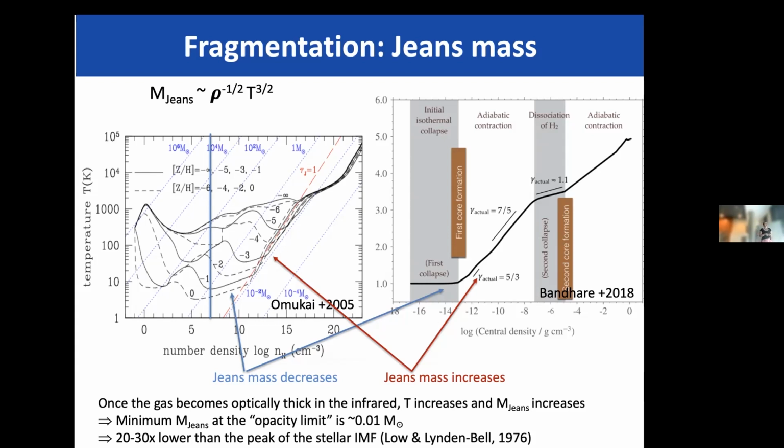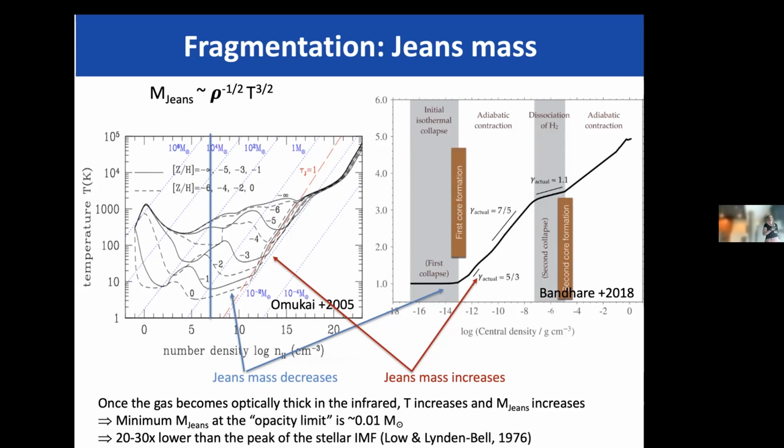However, the interesting thing now, if we go back to our IMF, we saw the peak of the IMF is higher than that. The number of stars peaking at 0.08 or 0.1 solar masses means that you have a factor of 10 or even more, depending on what IMF you choose.